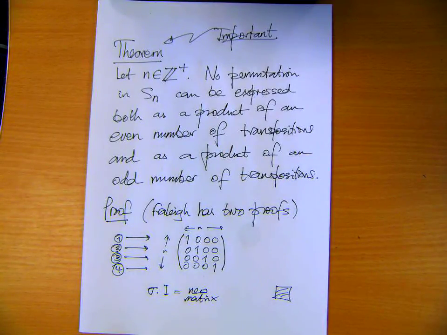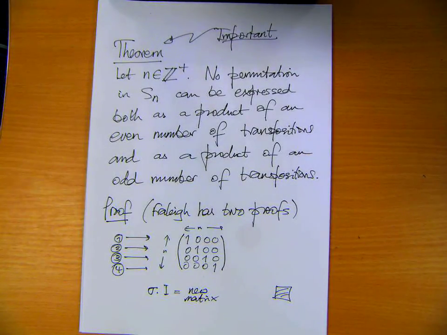And every time I swap 2 rows of a matrix, what happens to its determinant? If I swap 2 rows of a square matrix, what happens to its determinant? This should be a fact from your linear algebra.